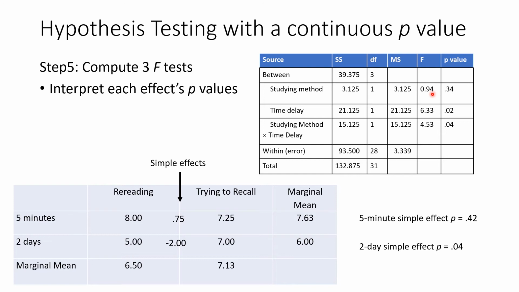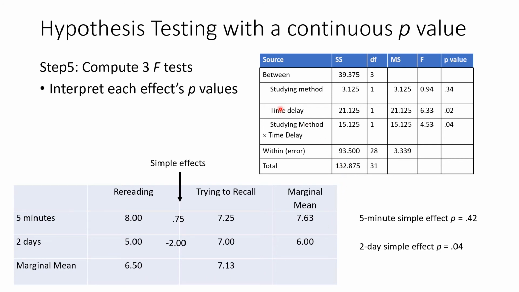So this f value is not very compelling, and that's reflected by the p-value that it generates. A p-value of 0.3 is not very compelling. So that's telling you that this difference between these two marginal means is very likely to have occurred due to sampling error, or certainly there's not compelling evidence that these two studying methods generated different test scores.